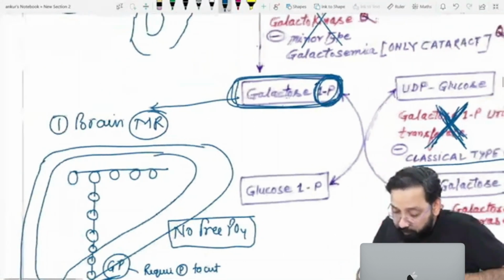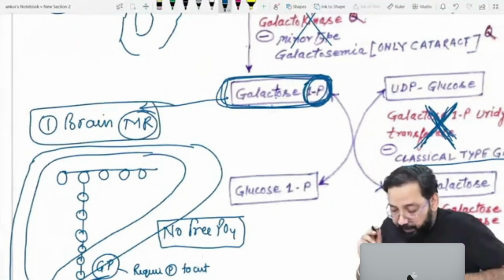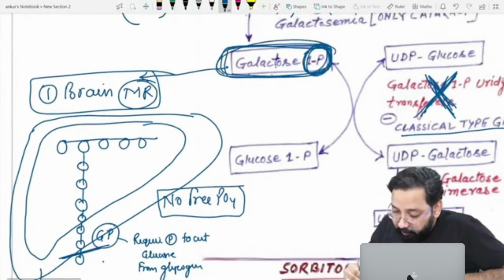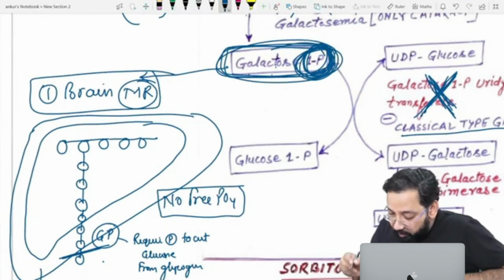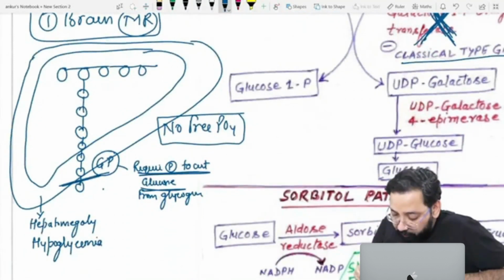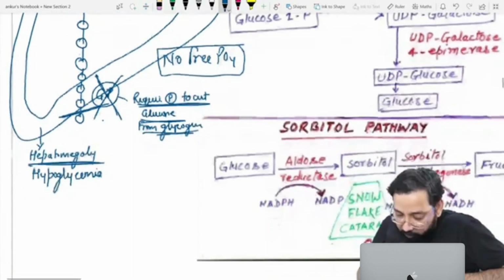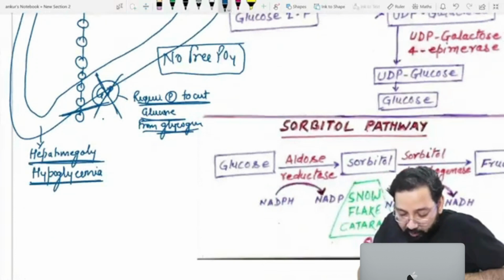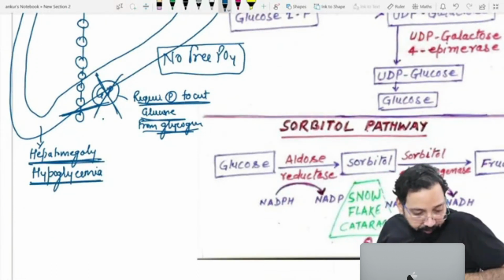This galactose 1 phosphate will accumulate in brain, mental retardation. When galactose 1 phosphate accumulates, all phosphate is sequestered in galactose 1 phosphate. No phosphate, so glycogen phosphorylase will not work. That glycogen would not be broken down. Hypoglycemia, hepatomegaly. Clear?